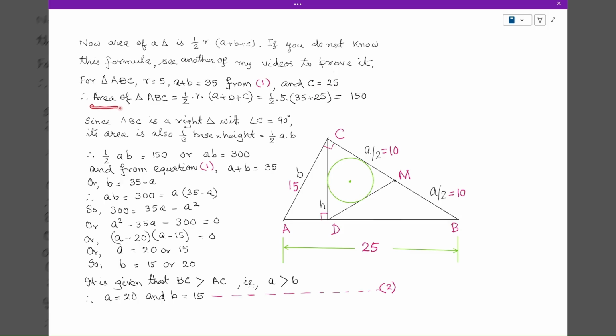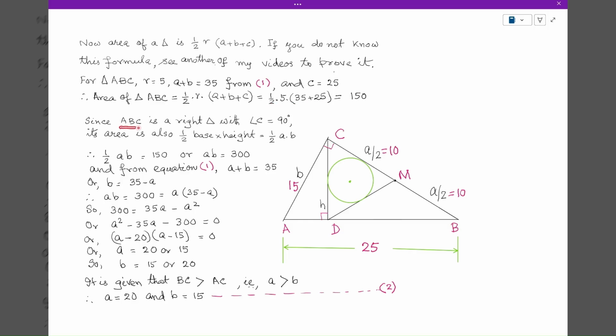Therefore, the area of triangle ABC is half multiplied by 5 multiplied by (35 plus 25), and if you perform this operation, we get the answer as 150.